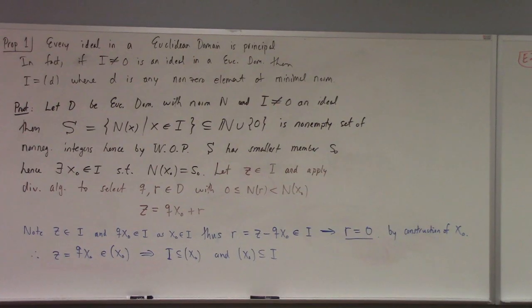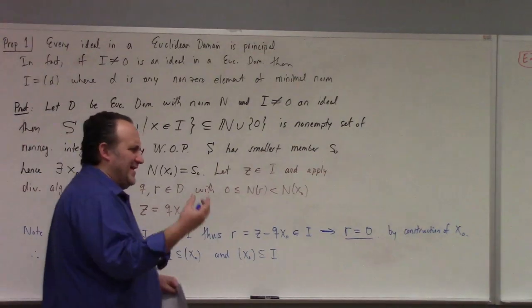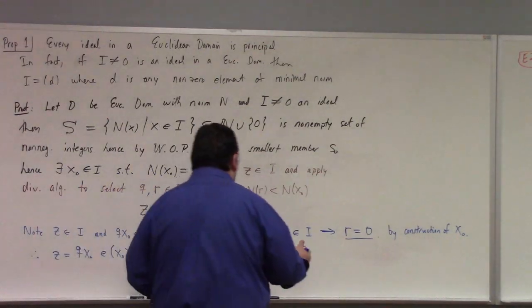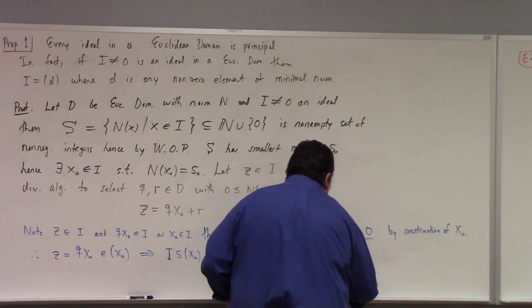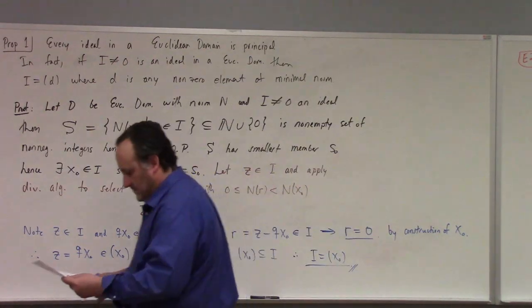This is a general lemma: if you have an element of an ideal, the principal ideal of that element is a subset of the ideal which contains the element, because of closure. So therefore, the ideal is equal to the ideal generated by X naught, and that's it.